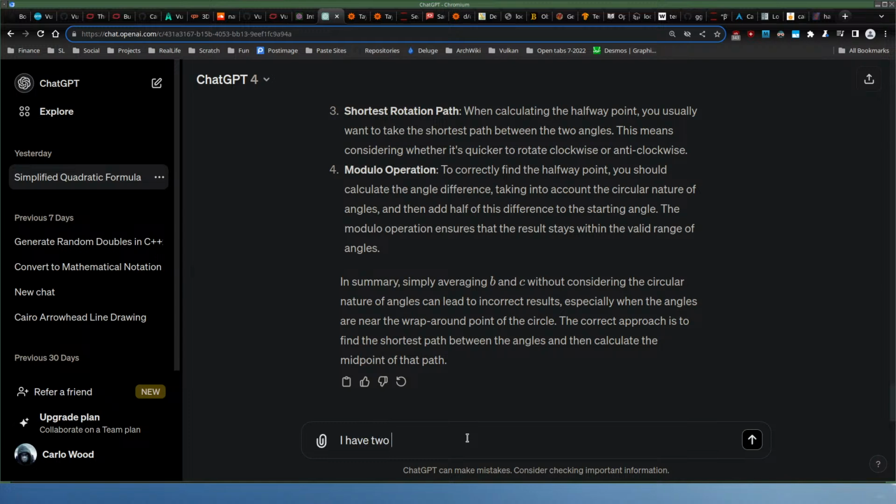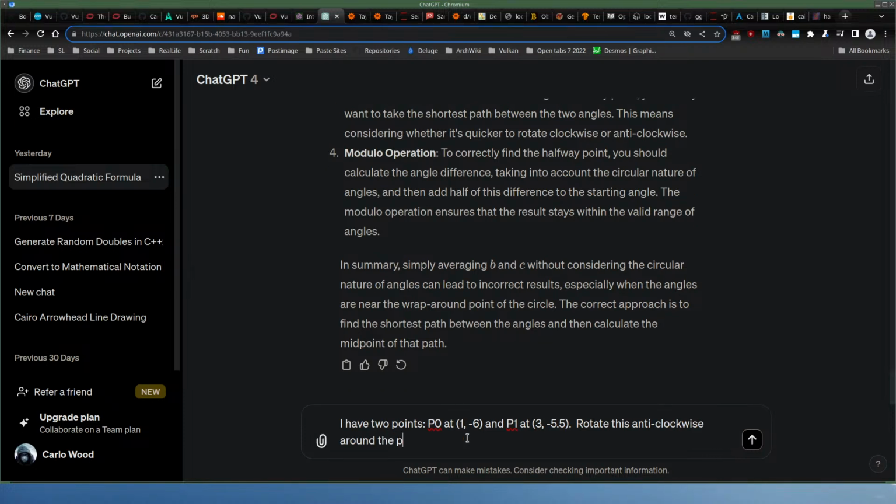I have 2 points. P0 at 1, comma minus 6, and P1 at 3, comma minus 5.5. Rotate this anti-clockwise around the point in the middle.